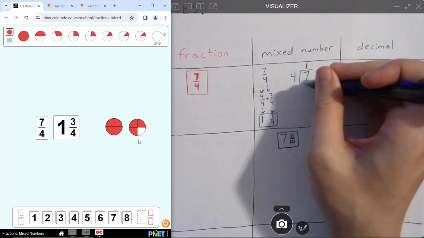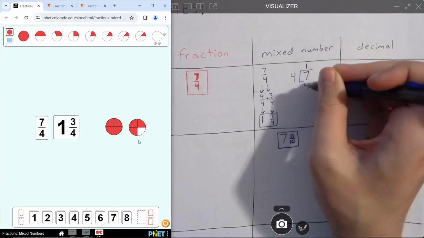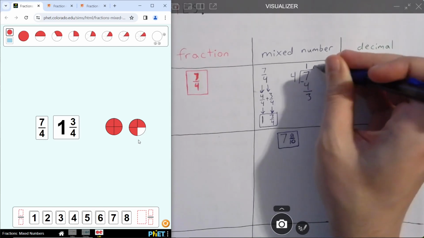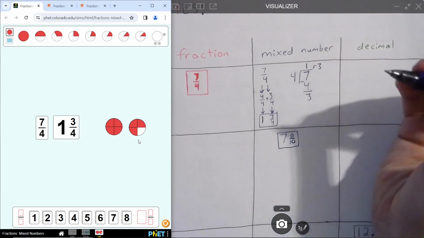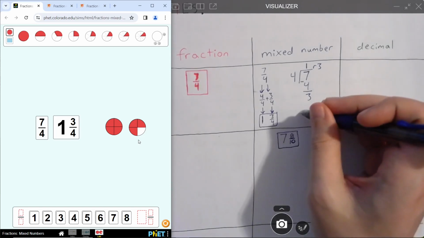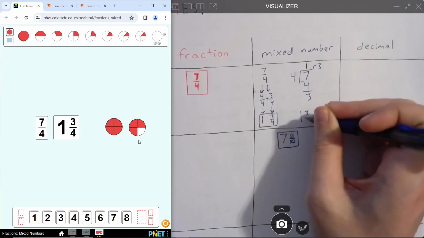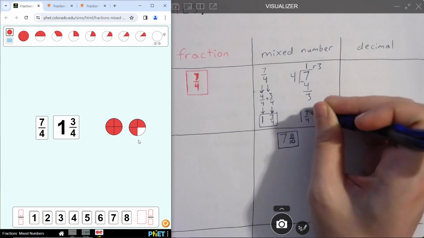Then 4 times 1 is 4. 7 minus 4 is 3, and that is your remainder. 1 remainder, 3 out of 4, which could be expressed as 1 whole, remainder 3 out of 4 possible.